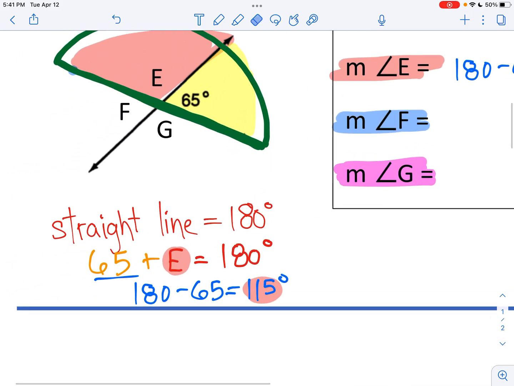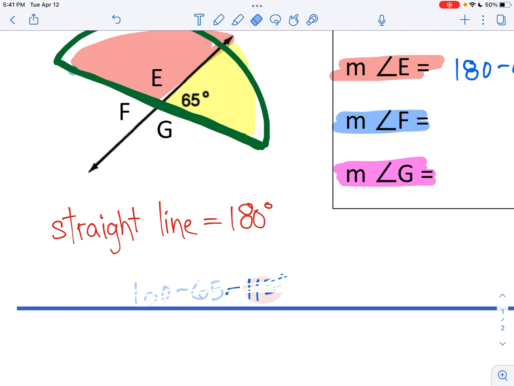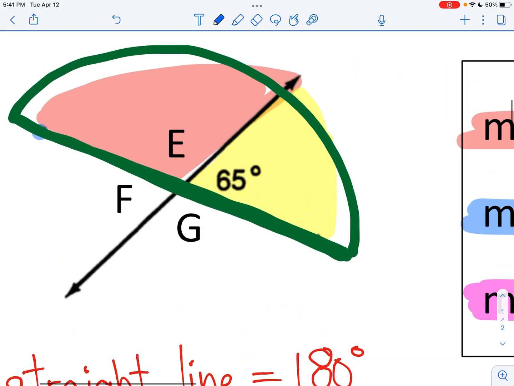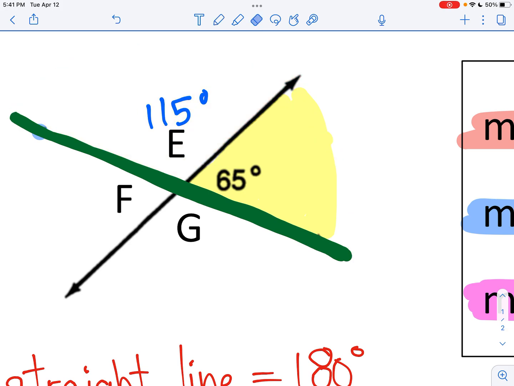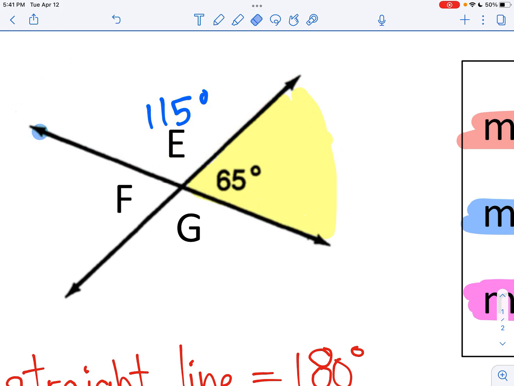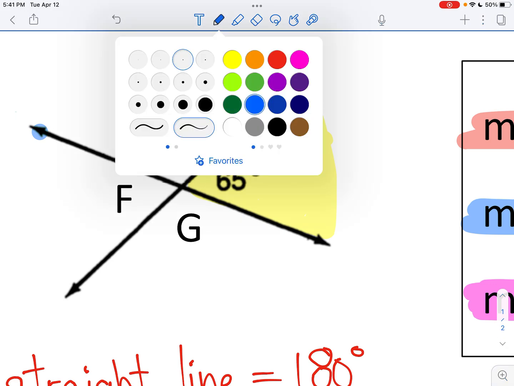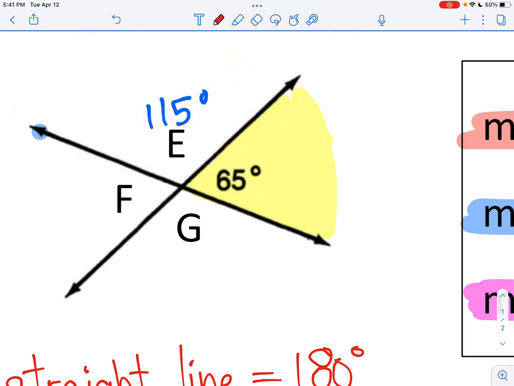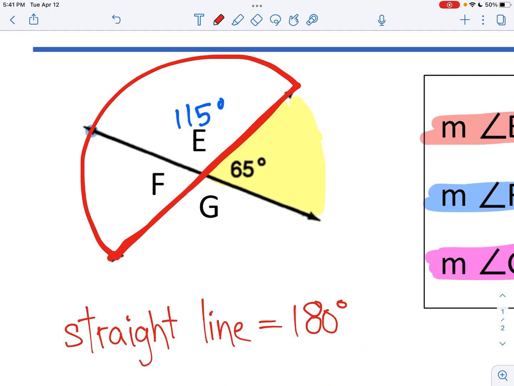So now I'm going to get rid of my work down below, and I'm going to do the same thing for a different letter. I'm going to go up by letter E and put 115 degrees right there. Great. I'm going to find another straight line, right? This time I'm going to find this one here. When I connect them, I can see that there are 2 letters inside.